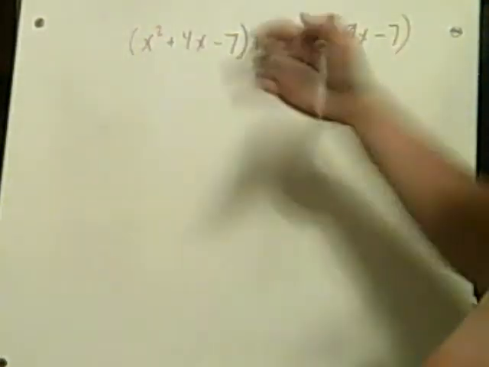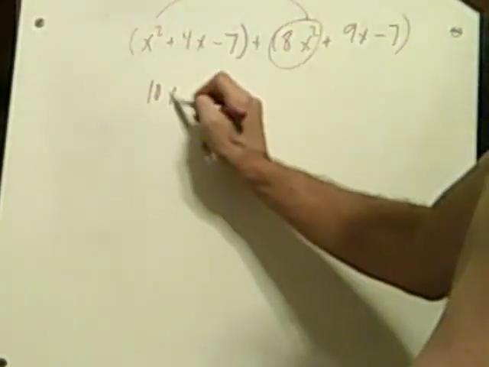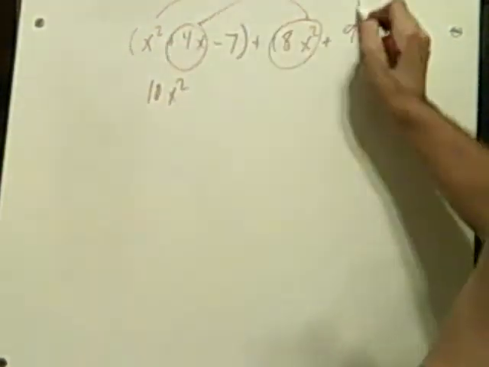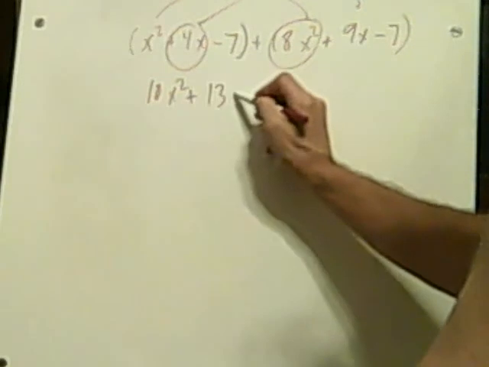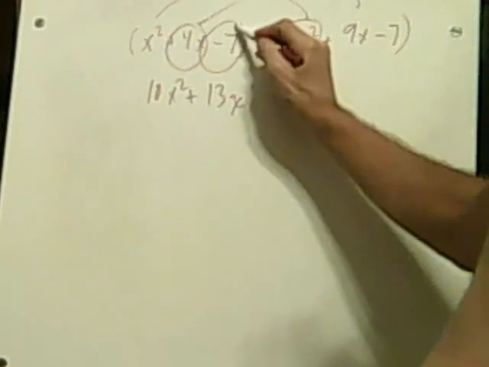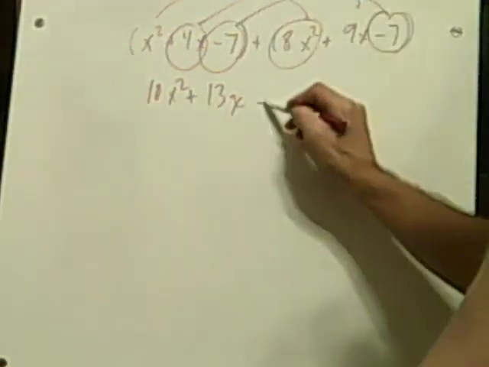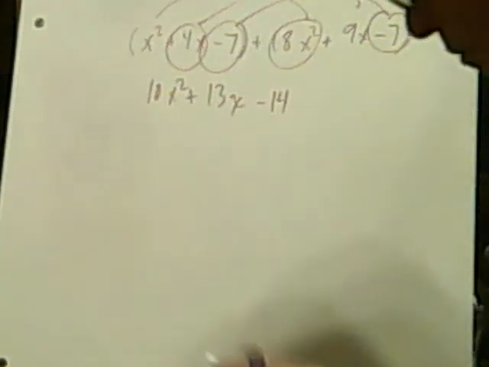You could line these up one onto the other, but I'm going to do it the way I did it before. That's 10x squared plus 13x minus 14. Okay?